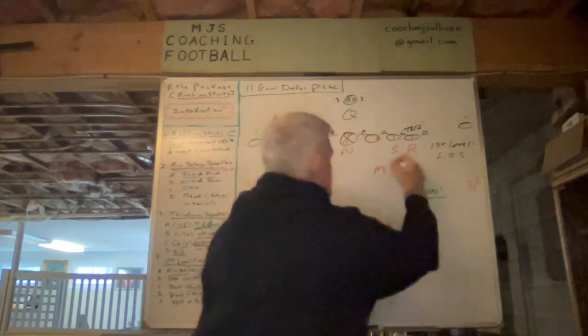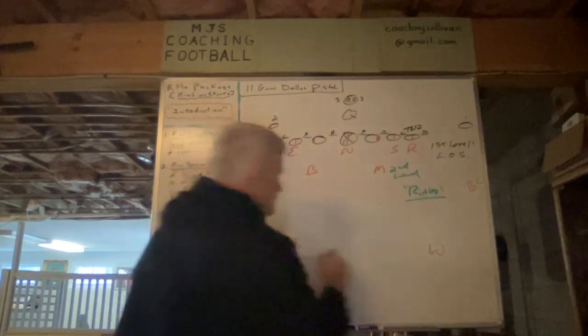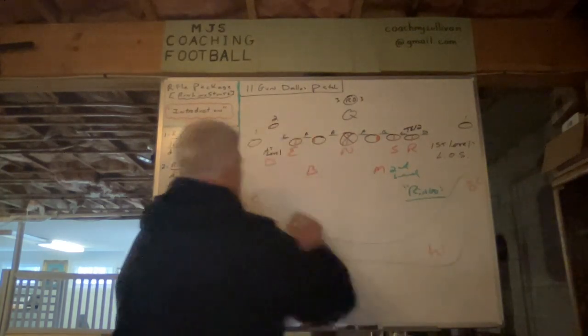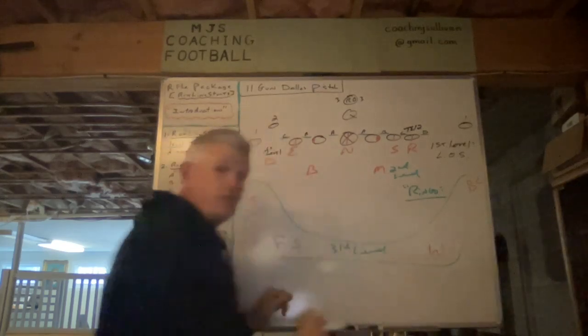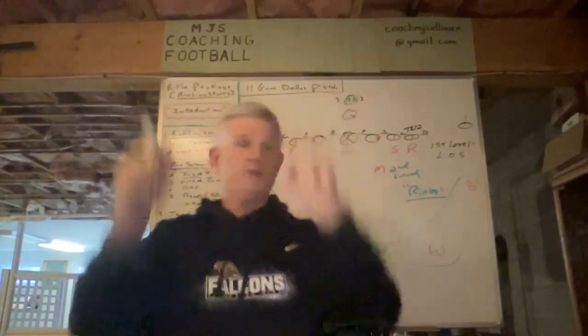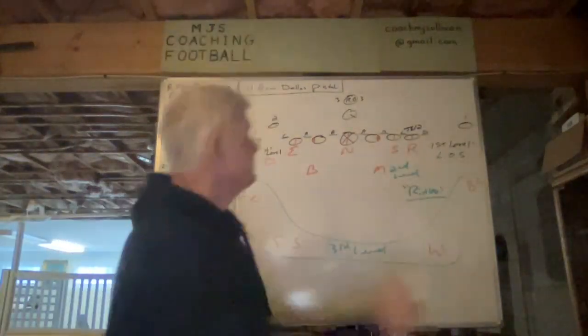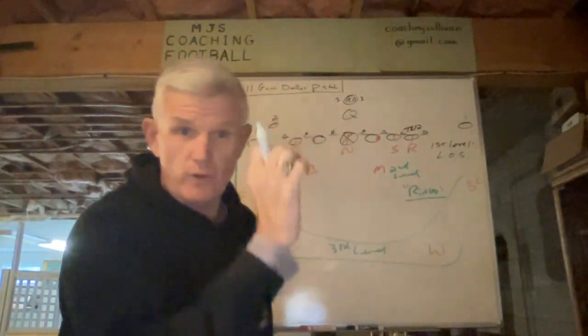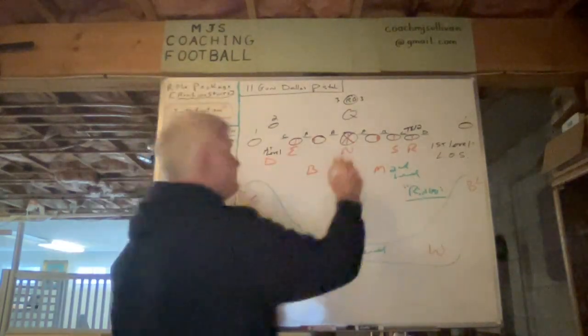Okay, so these are second level defenders, and these guys are all third level. So they're not involved. This is not a blitz. If the second level and third level are involved, it's a blitz. This is a rifle pat stunt or a run line movement, right?